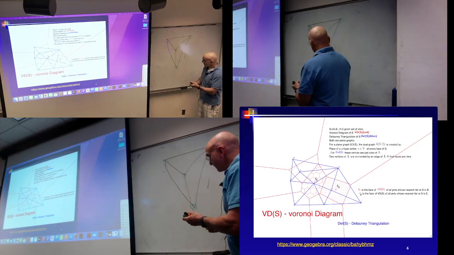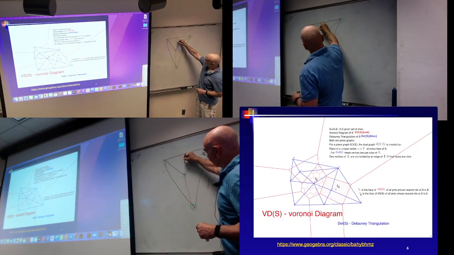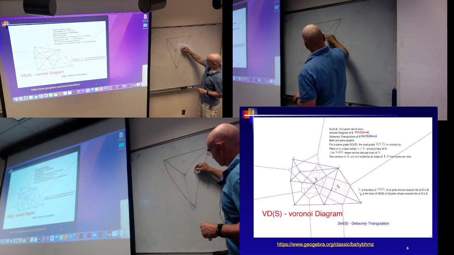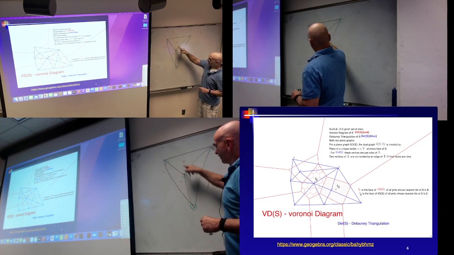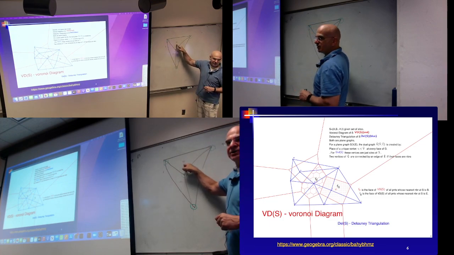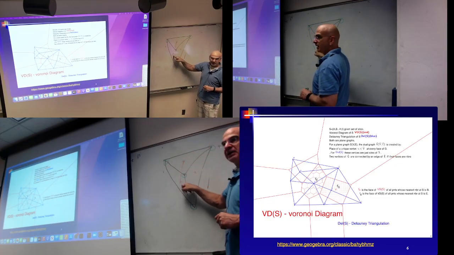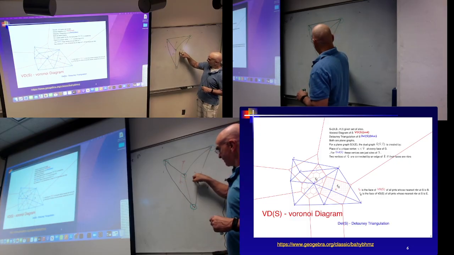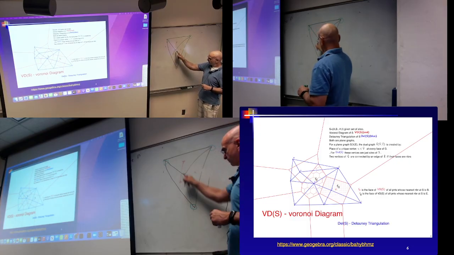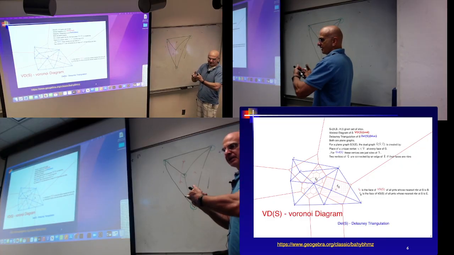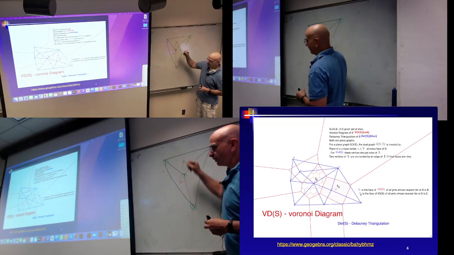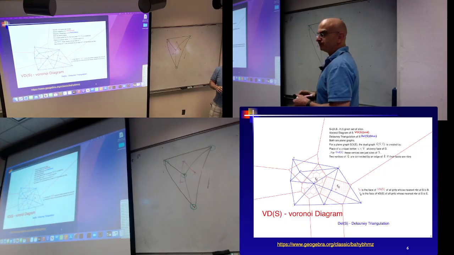To create the dual of this graph, I'll put a vertex in each face. And if two faces share an edge, I'll connect them by an edge of the dual. These two share an edge. The two faces are neighboring. Connect. So that would be the dual.